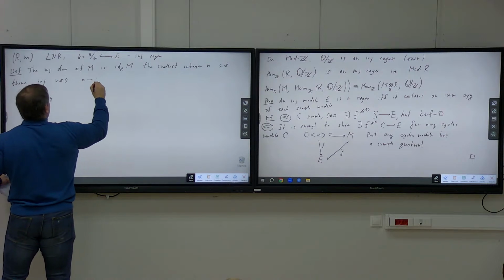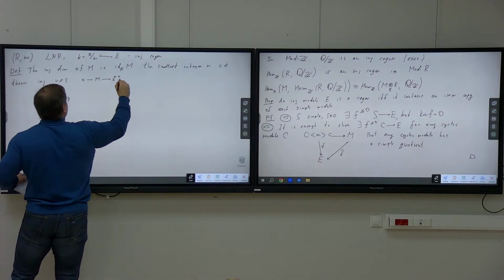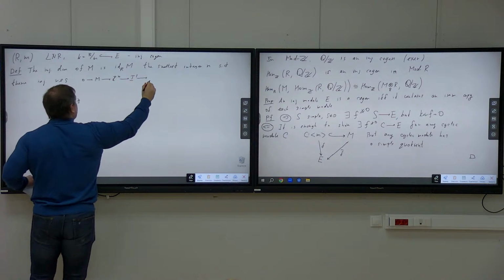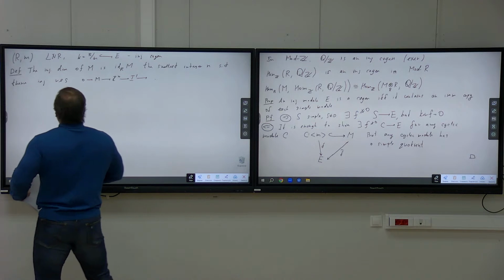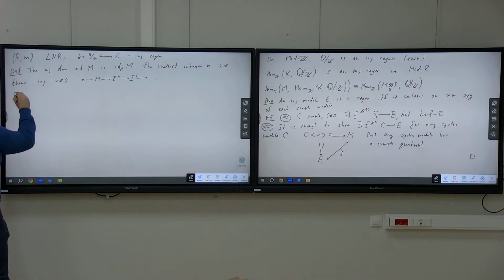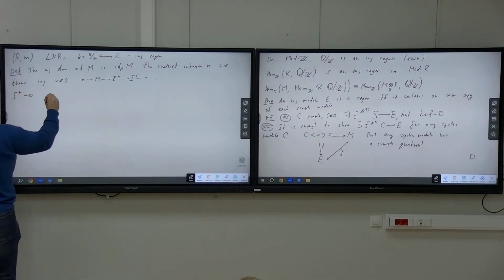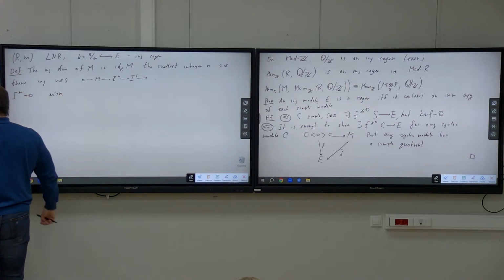So we have M, embed this into I0, then I1, and so on. So that's an injective resolution, with the property that I_m is equal to 0 for m greater than n.